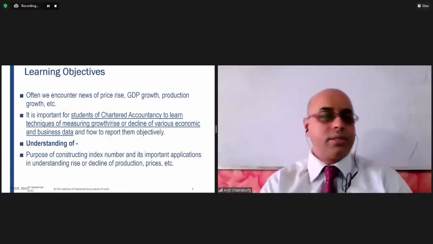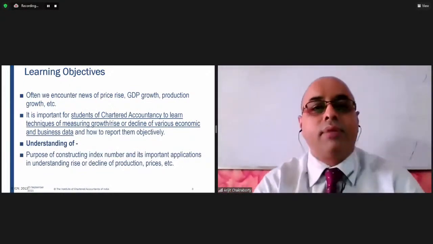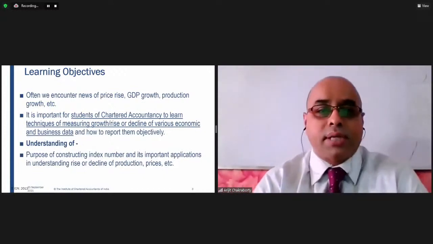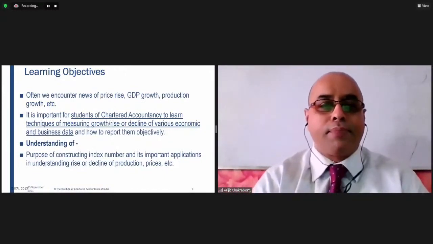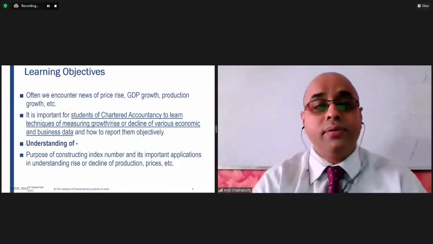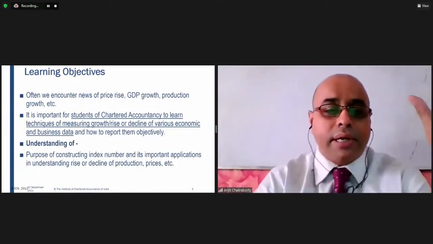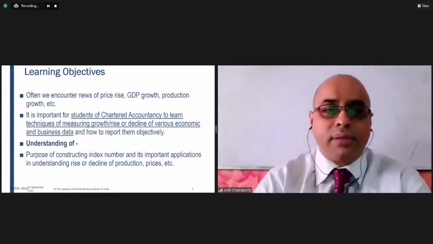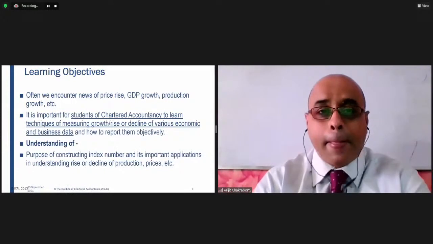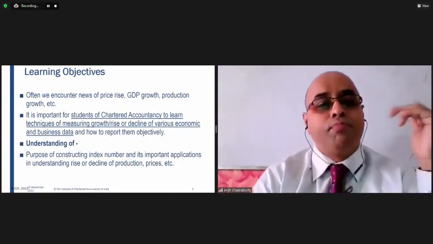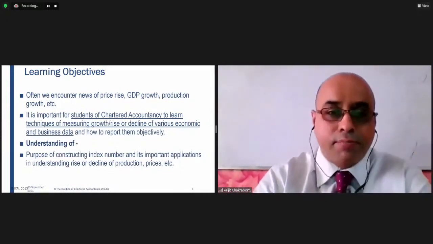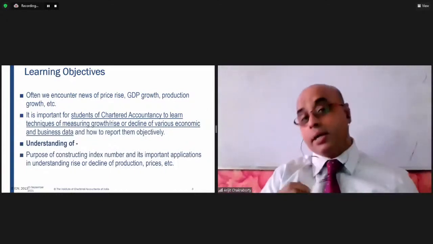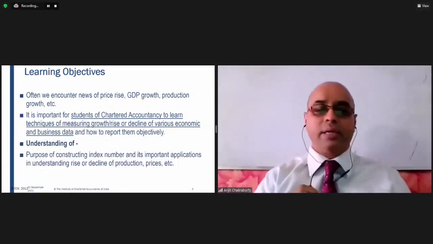Index number, as you'll see, and many of you might have gone through the study material, you might have studied this chapter earlier in your college or school. But then the point is, this particular index number is based on a ratio. So we shall see that ultimately it is just based on certain numbers and quantities, but it's a comparison, because the base year quantity, the base year price, the current year price and the current year quantity would definitely be considered.